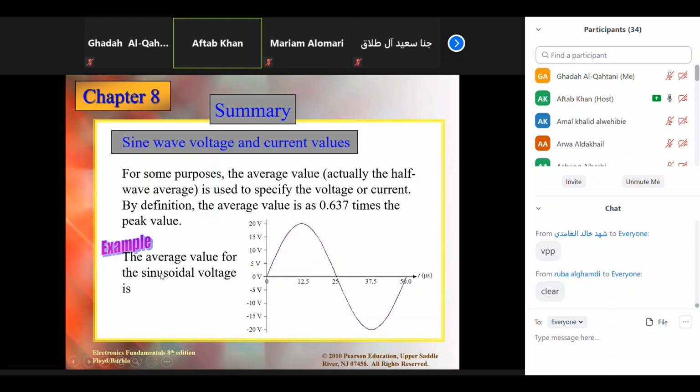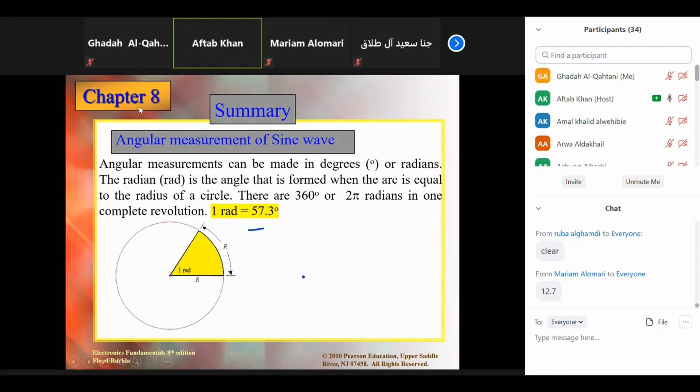If we are asked for the average value of the sinusoidal voltage, you should remember the formula: we measure the average of the half peak. So this is 20, and you can say 2 times 20 over pi. You put it in and you get the value, so it is going to be 12.7 volts. Okay, now another thing is coming here, the angle, which I already explained to you.